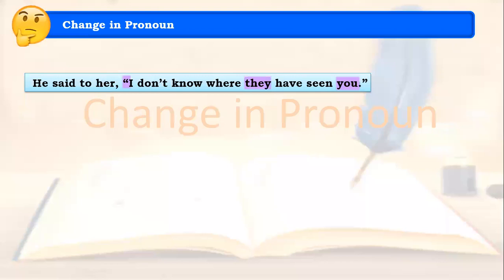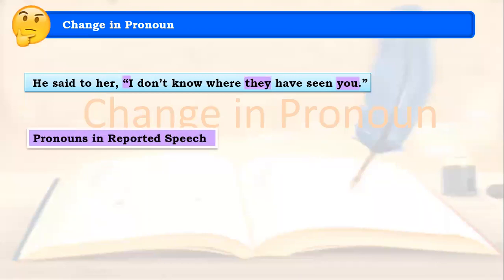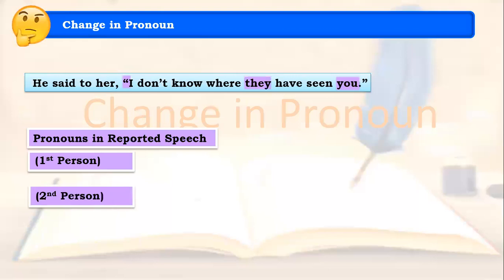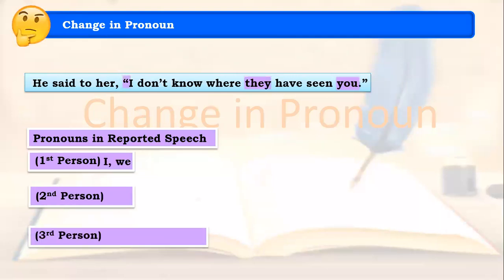Now, we all are aware that we have three-person pronouns: the first person, second person, third person. The first person pronoun is I or we. Second person is you, while the third person is he, she, it, and they. In this manner, we have dealt with the first, second, and third person.